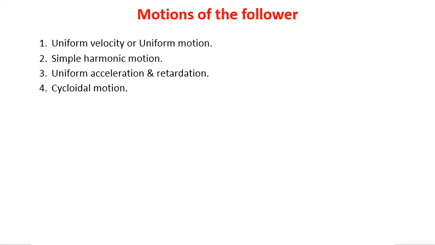Here we are going to deal mainly with four types of motions. The first one is uniform velocity or uniform motion. Second one, simple harmonic motion, in short, we call it SHM. Third one, uniform acceleration and retardation. And the last one is cycloidal motion.